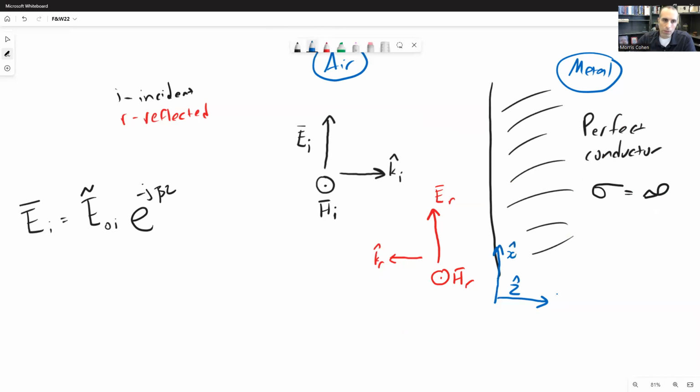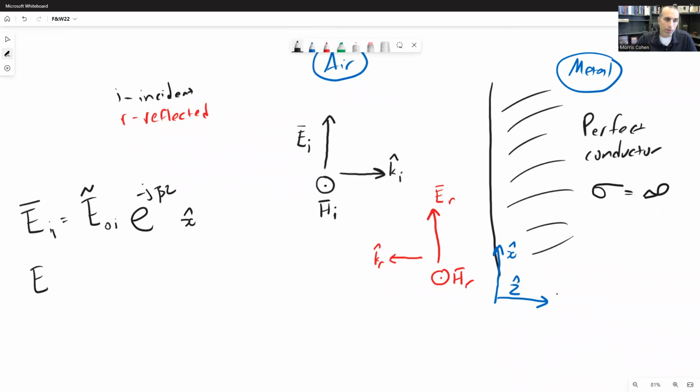All right, in which case we're going to have the electric field pointed in the X direction. Right, so we have a linear polarized wave. We can just, to make it simple, align our axes such that the X direction is in the direction of the electric field. And this minus j beta z tells us that the wave is propagating in the positive Z direction. All right, so that's the incident wave.